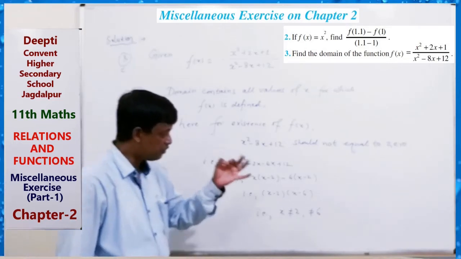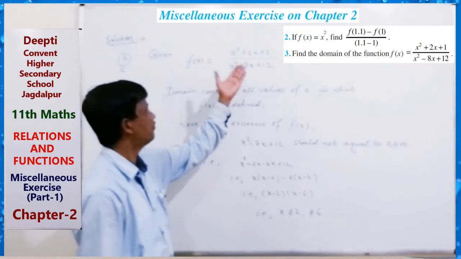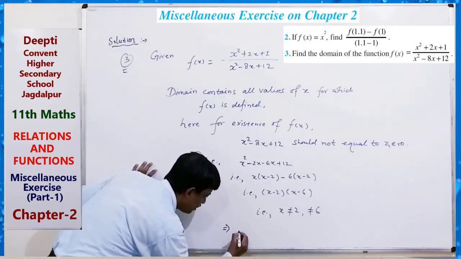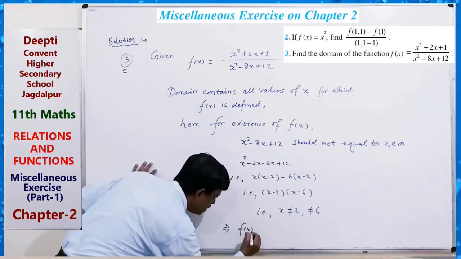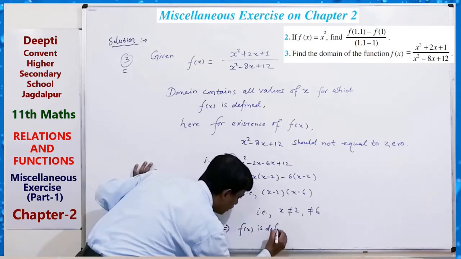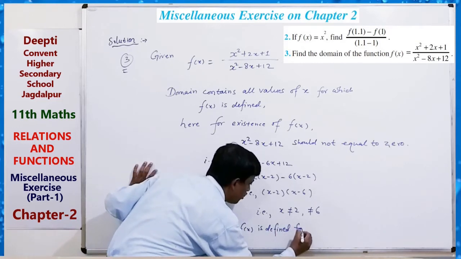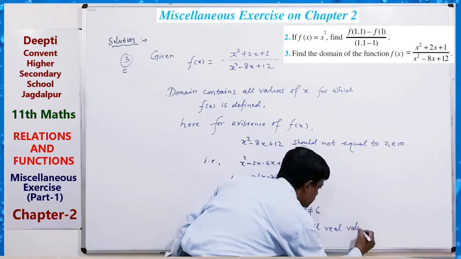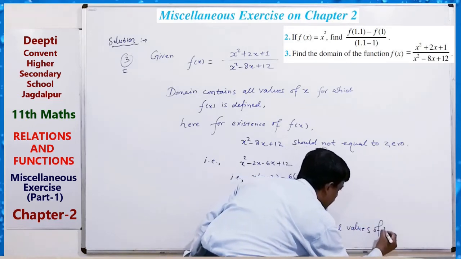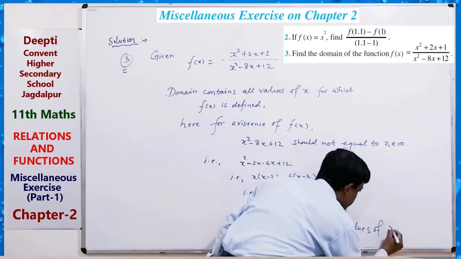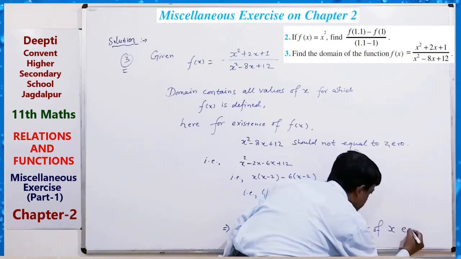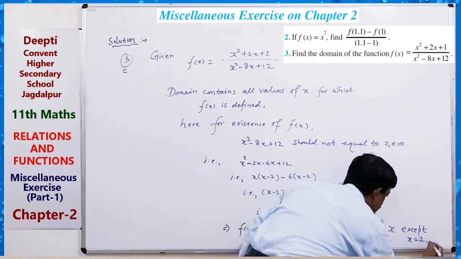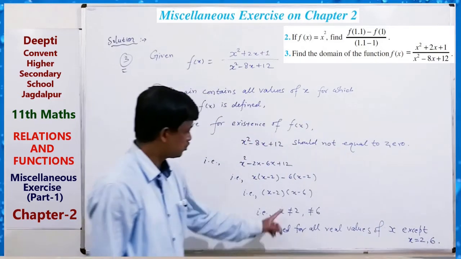So except 2 and 6, f(x) is defined. This implies f(x) is defined for all real values of x except x equals 2 and 6.